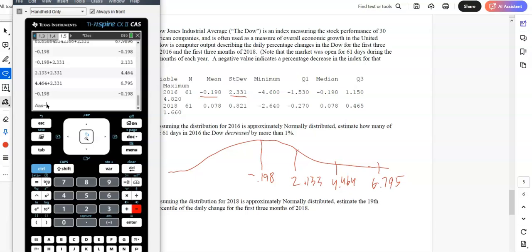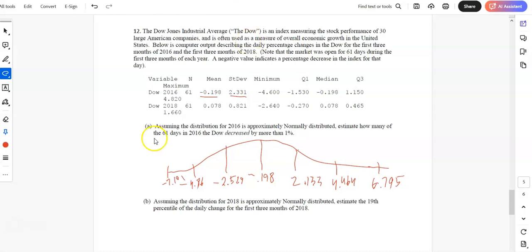Press enter, subtract 2.331. So negative 2.529, negative 4.86, and negative 7. I don't think you need that 0.191. Okay.